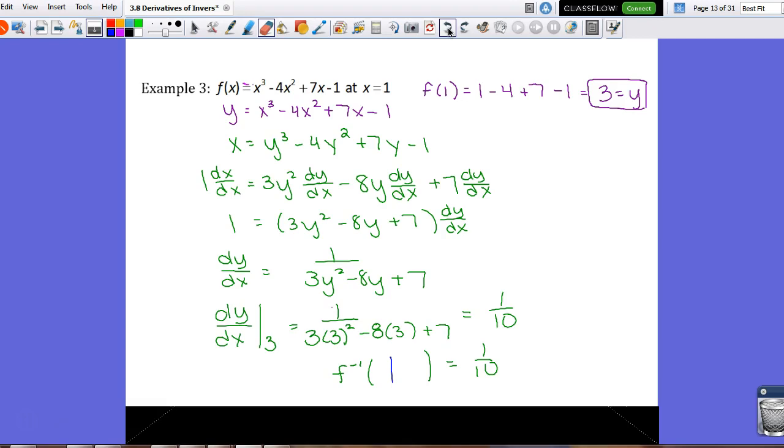So the directions would depend on what you're finding. If it says to find f inverse prime of 3, then it's equal to 1 over f prime of 1.